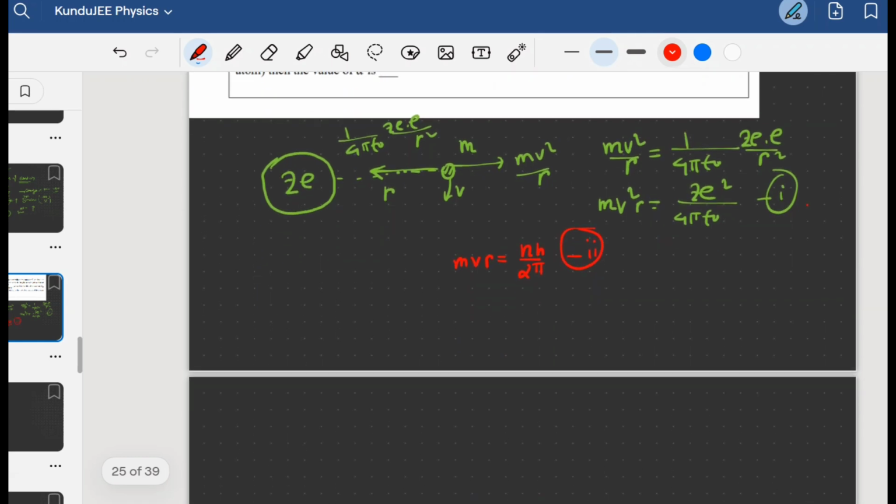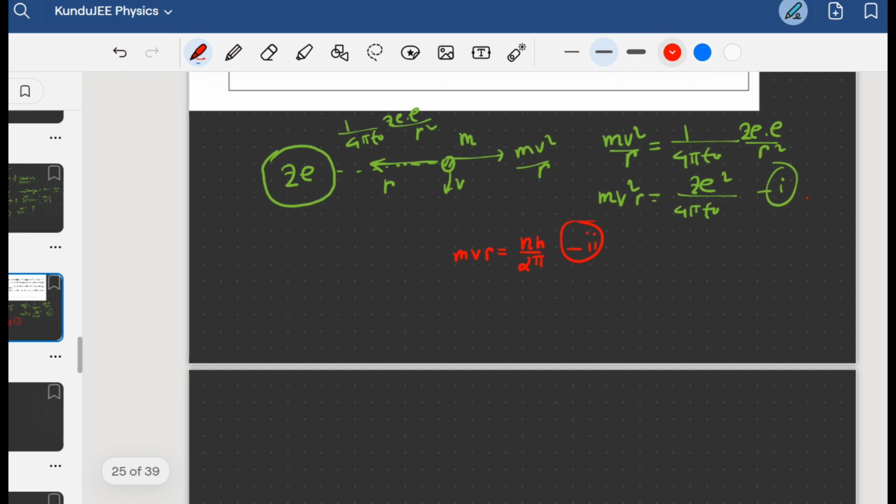So from these two equations, if we divide equation number 1 by equation number 2, we'll ultimately be able to eliminate r and we'll get the expression of v. V is z into e square by 4 pi epsilon naught divided by nh by 2 pi.